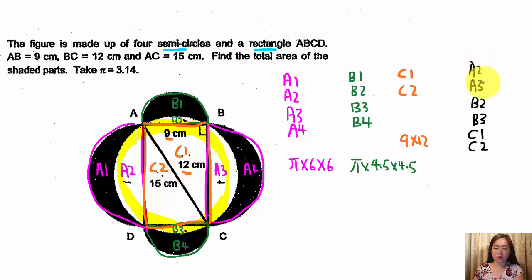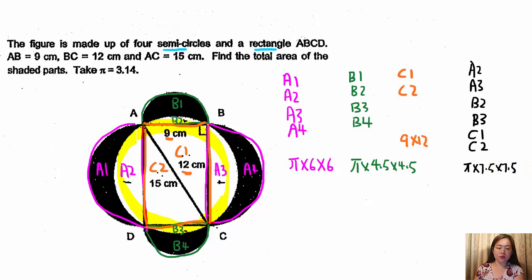So all this part were made up one yellow circle, and this is the diameter, so the radius will be half of 15, which is 7.5. So the formula here will be pi times 7.5 times 7.5.